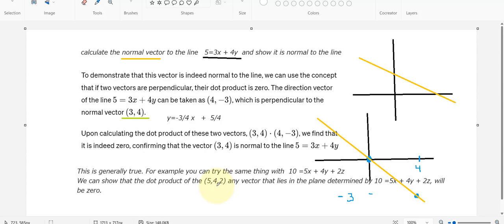That the dot product will be 0. So that's what we mean, but we can just call it normal to the plane. So if we collect these coefficients and form a vector, they will form a normal, in this case to the plane. In the earlier case, it was to the line, to the orange line. So we'll call this vector 4, comma negative 3, this one here.